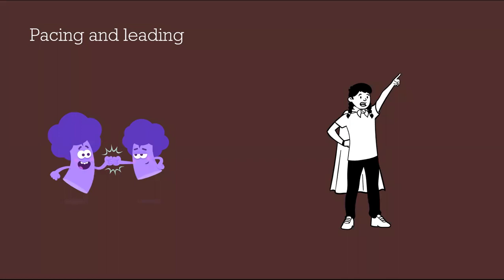For example, the seller may complain about the rising cost of doing business. You may pace them by showing empathy, by showing that we are also experiencing the same problem.